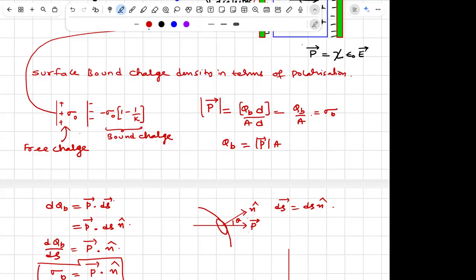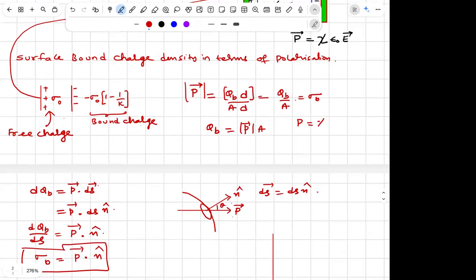Okay? But you are not convinced with my expressions. No issues. What is polarization here? Polarization here is susceptibility times epsilon naught E net. E net is E naught minus E naught by K. Correct?